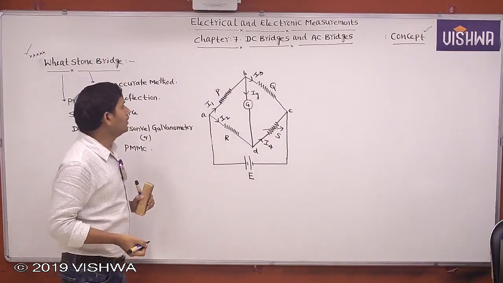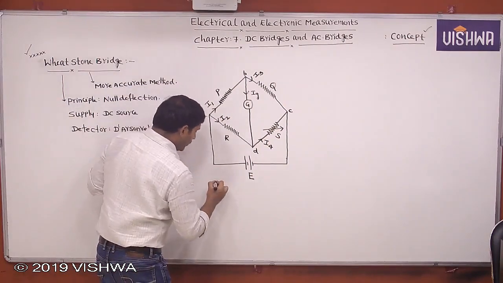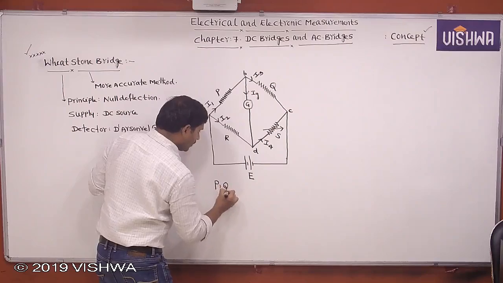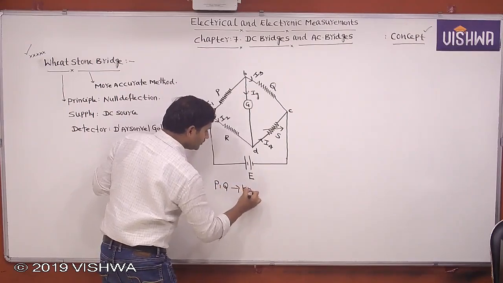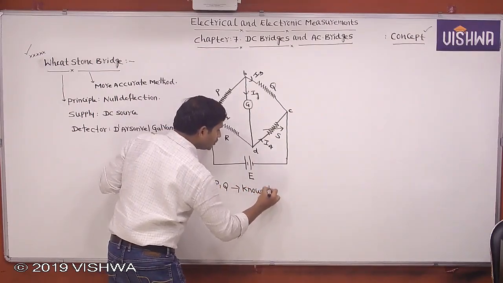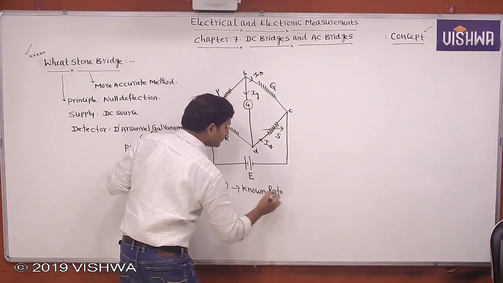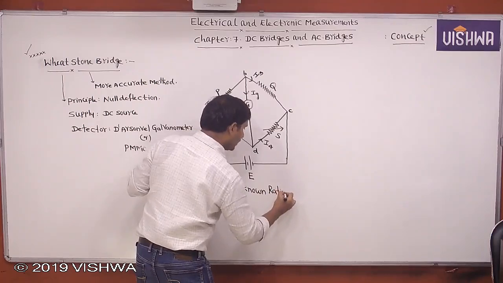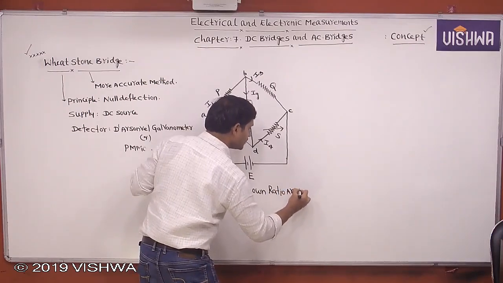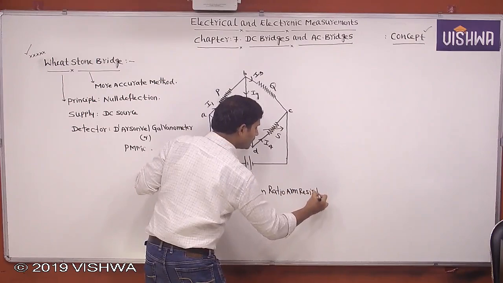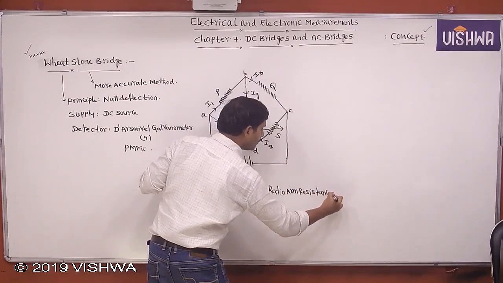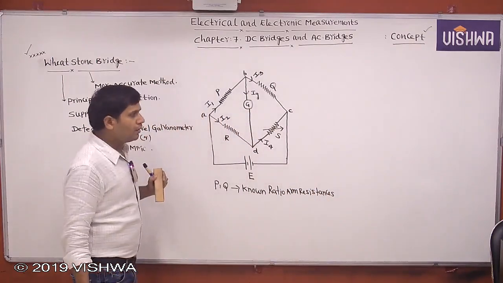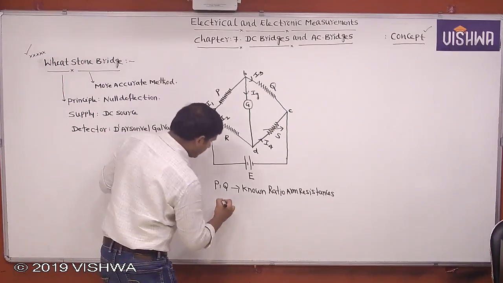Where P and Q are known ratio arm resistances. Correct? What is S here?